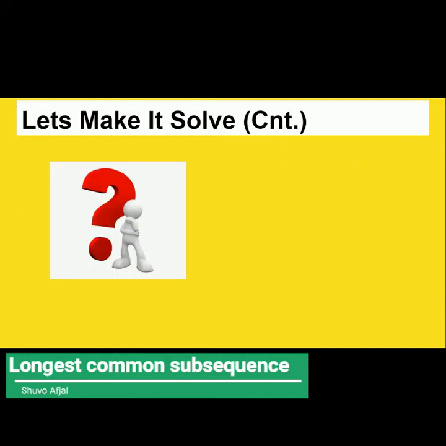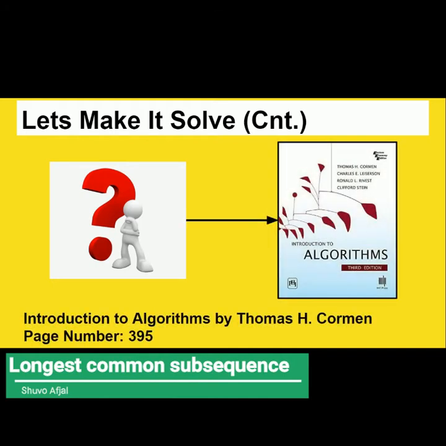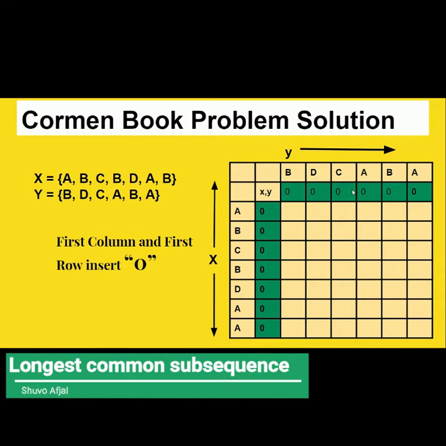Now I'm gonna solve a problem. A real problem, we're gonna solve it from the Cormen book. The book name is Introduction to Algorithms by Thomas H. Cormen. Page number is 395. In the Cormen book we have two strings, x and y.